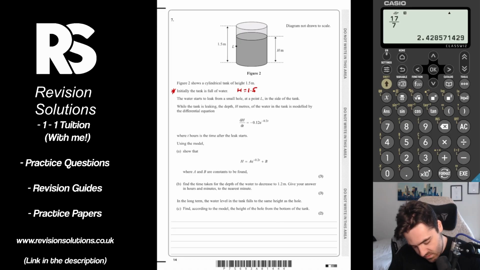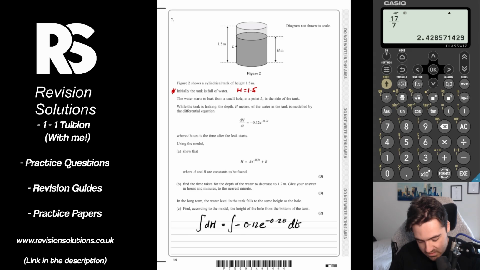So that would leave us with dh equals minus 0.12 e to the minus 0.2 t dt. Oops, sorry, that t shouldn't be there. And then we integrate both sides. For the integral of dh, you can think of that as the integral of 1, so that would leave us with h.